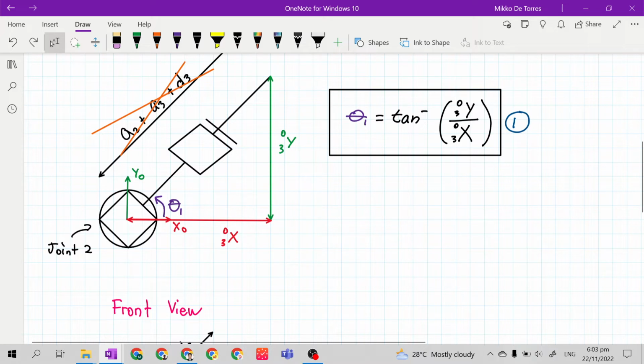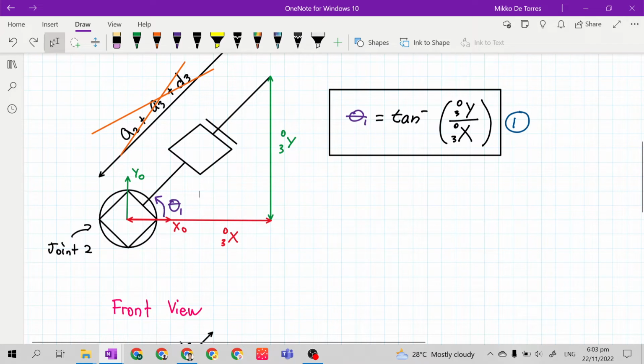This hypotenuse, with the third joint, in the top view looks like this drawing.